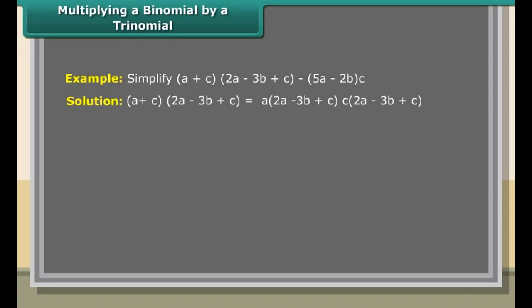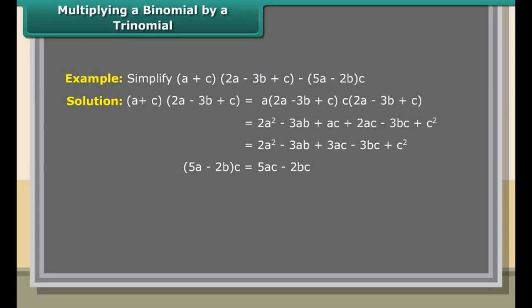Solution: (a + c)(2a - 3b + c) = a(2a - 3b + c) + c(2a - 3b + c) = 2a² - 3ab + ac + 2ac - 3bc + c², which equals 2a² - 3ab + 3ac - 3bc + c².